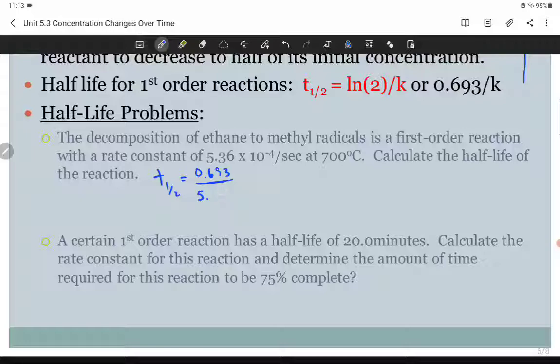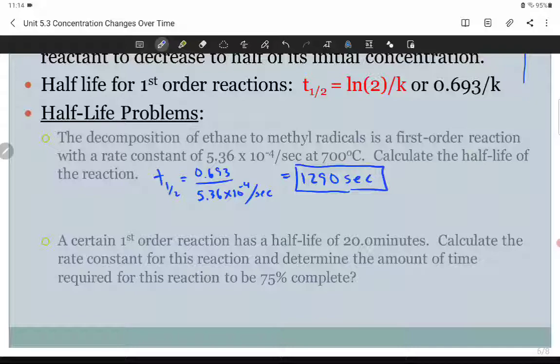Whoops, not 1. And do that math. And what do we get there? 1290 seconds. So that's the half-life.